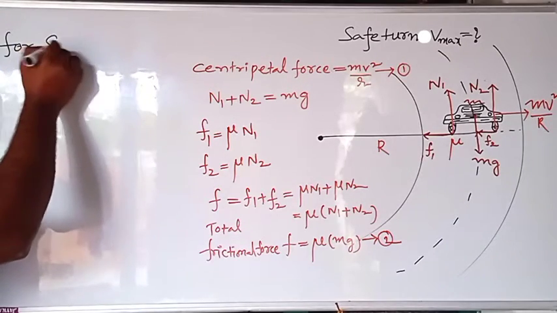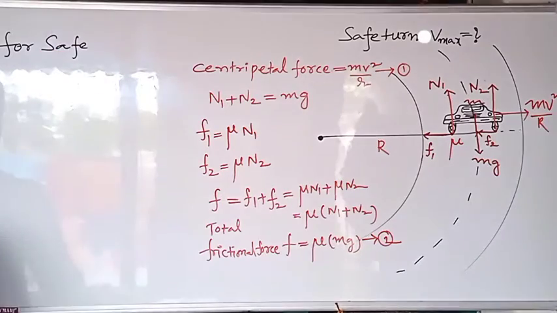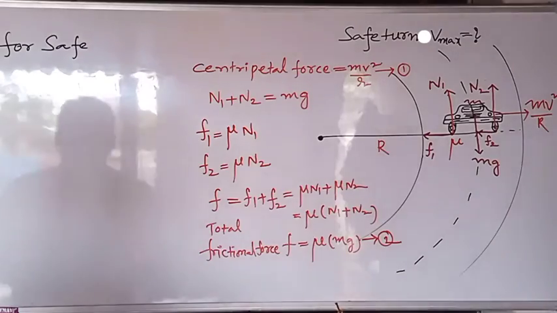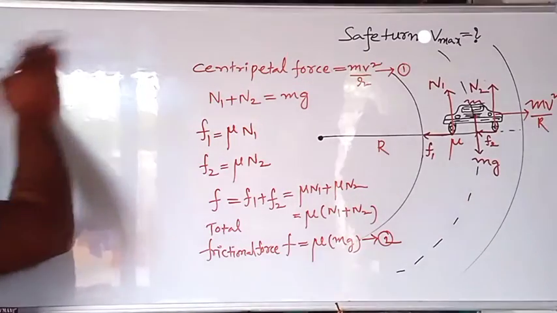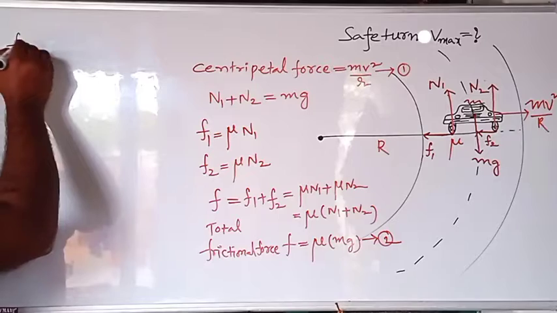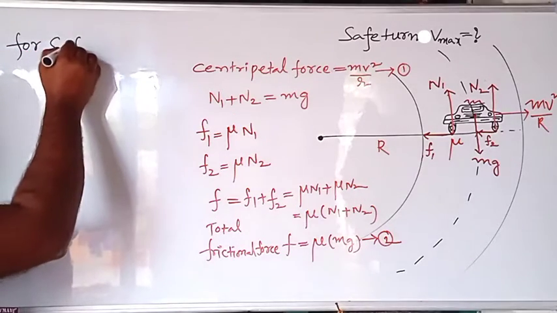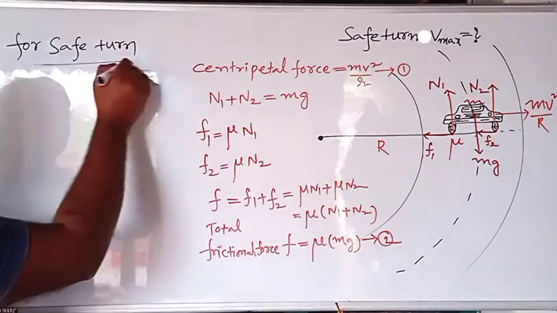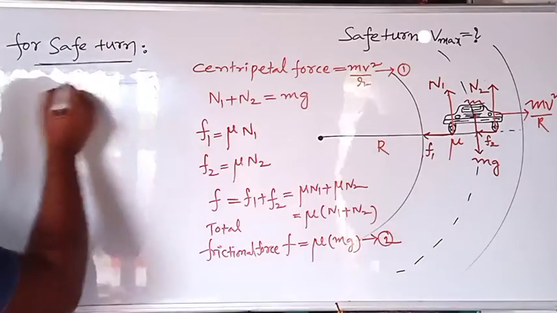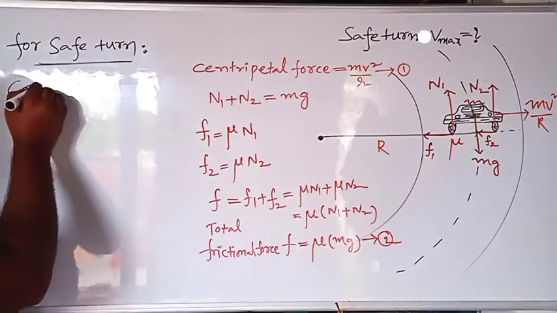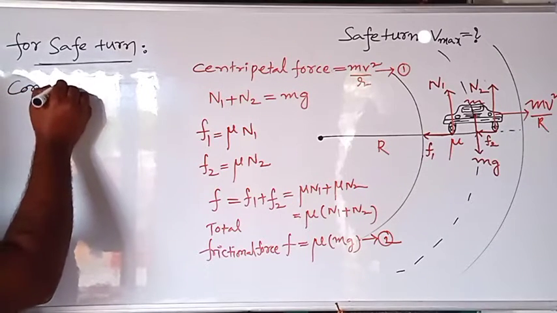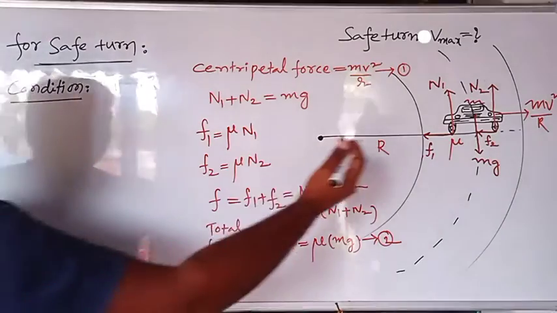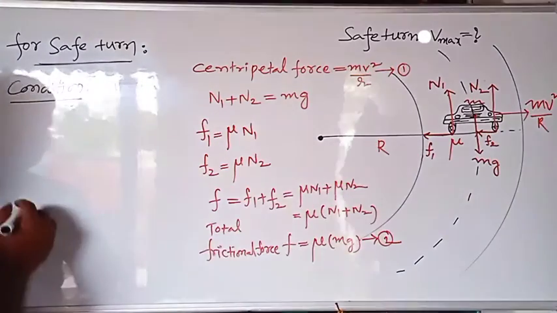When the two forces are equal, then it can move safely on the road. If the outward force is greater, that means centripetal force is greater, it will skid in the outward direction. If the inward force is greater, it will not skid, because frictional force is a self-adjusting force. If the outward force, centripetal force, increases, the frictional force also increases to maintain the constant position and to move in a safe turn.